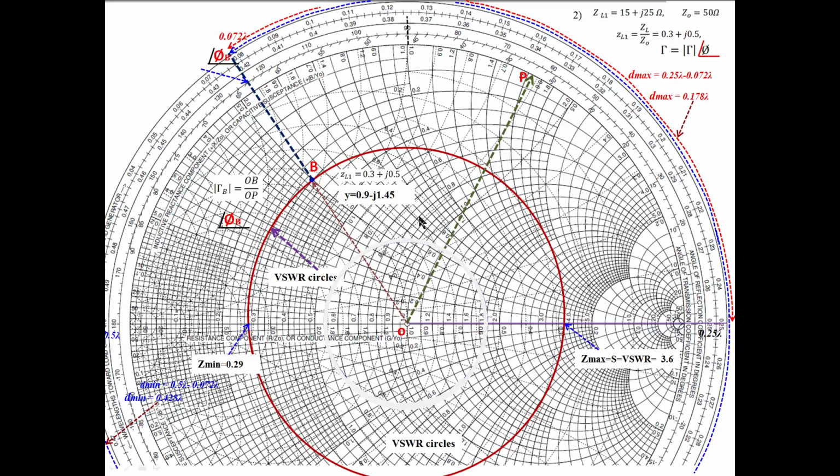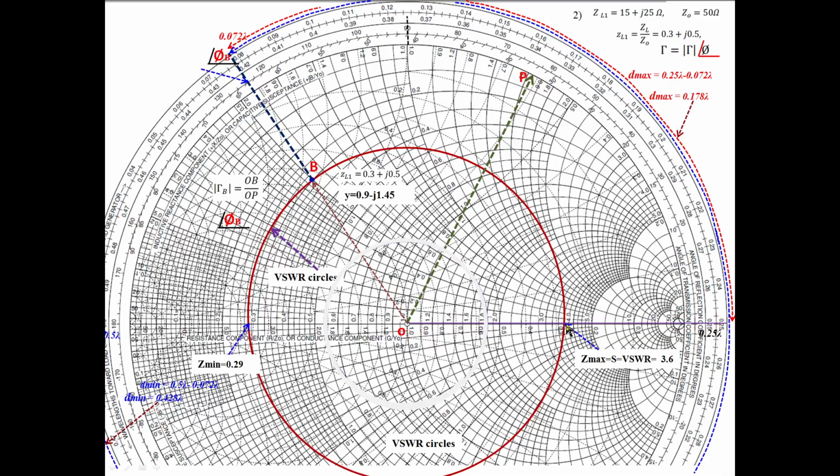Similarly, I told you for different loads. This is the second example. This is the load here. To find the VSWR, and we already know how to do this, from here you move like this. Whenever it intersects the right side of the Smith chart, you stop here.